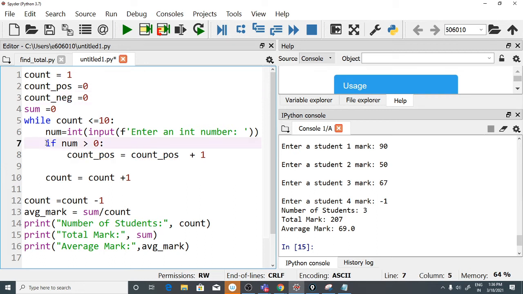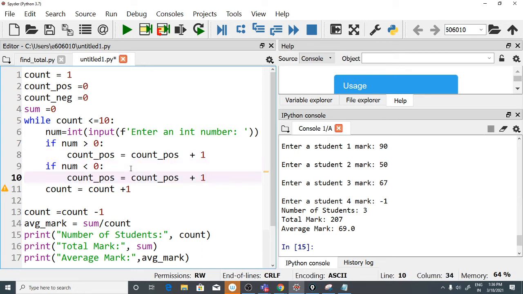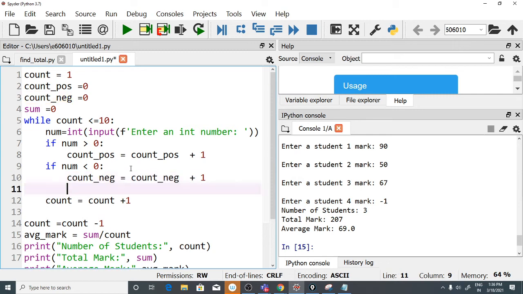Okay, if this is the condition, if the number is less than 0, it means it is a negative number. So I read one number, students, then I check whether the number is positive or negative.